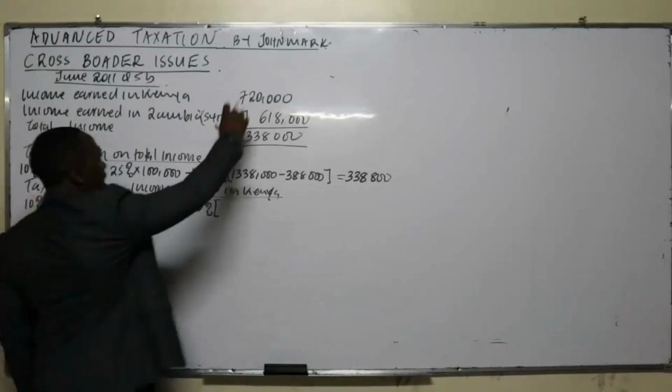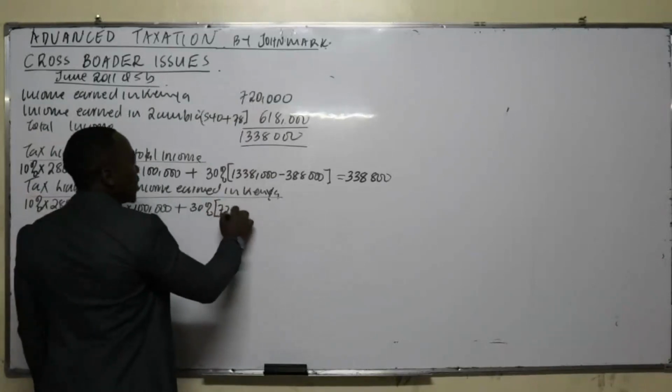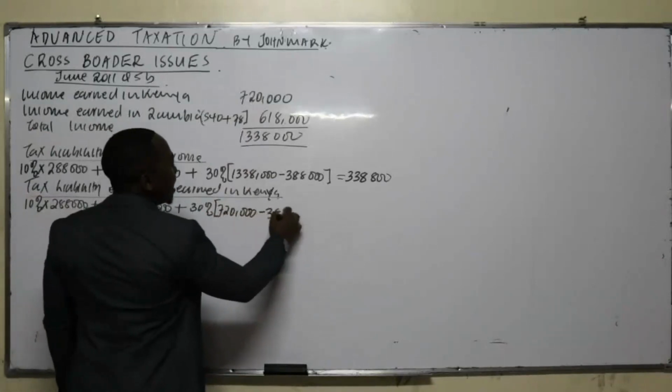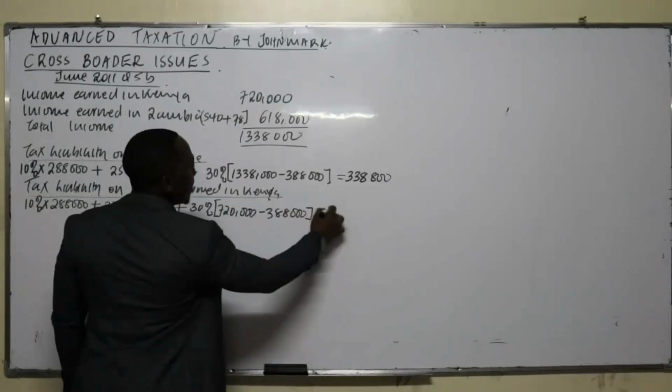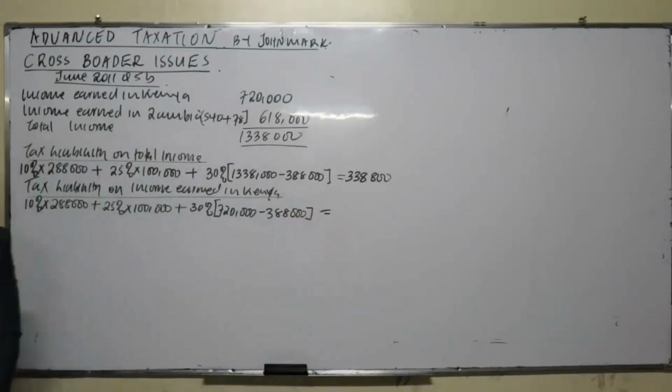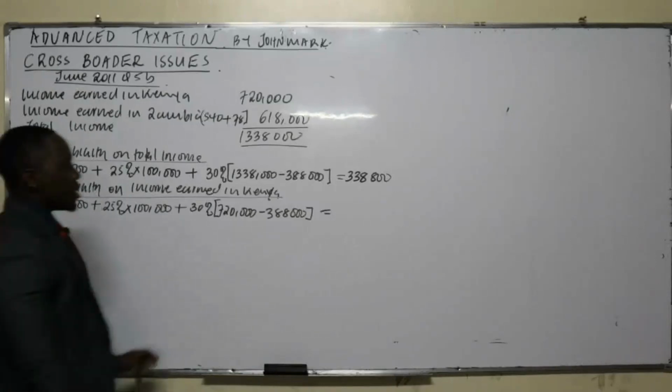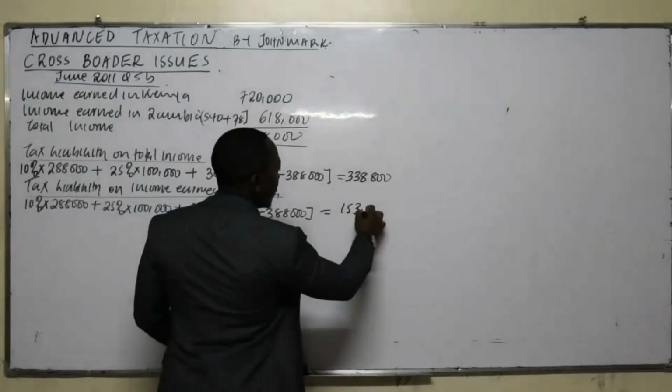So the total amount earned in Kenya was 720. You deduct 388 to determine the excess amount, and then you subject it at the rate of 30%. Then once you get that, you add 25,000, then you add 28,800. How much is that? 153,400.